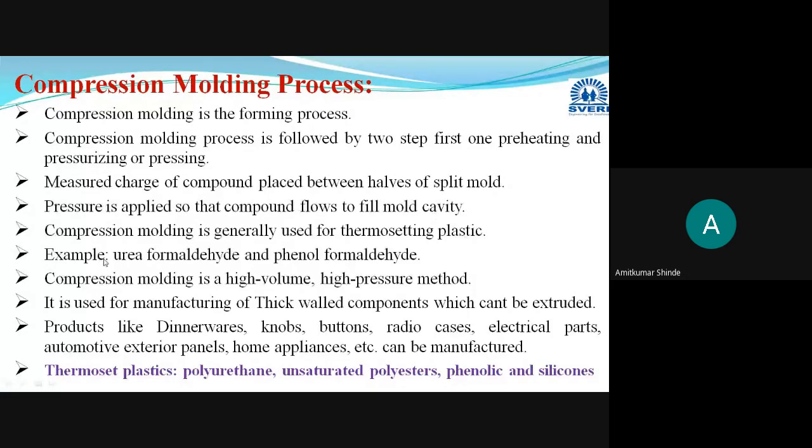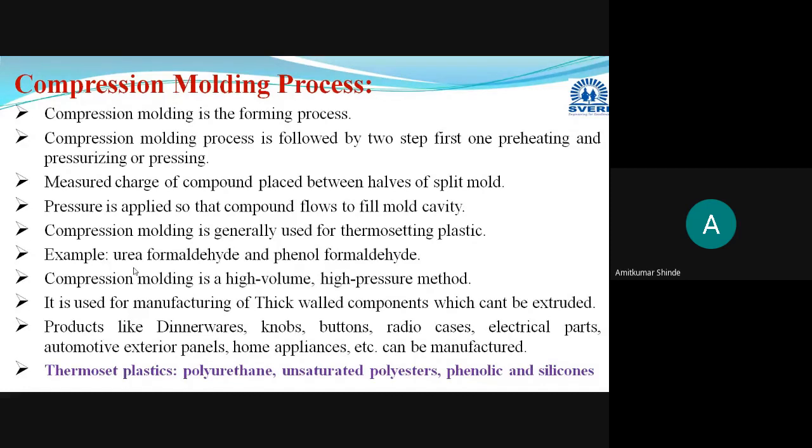For example, you can manufacture different products like dinnerware sets, radio cases, automobile exterior panels for automotive vehicles, and different home appliances with the help of this compression molding process.